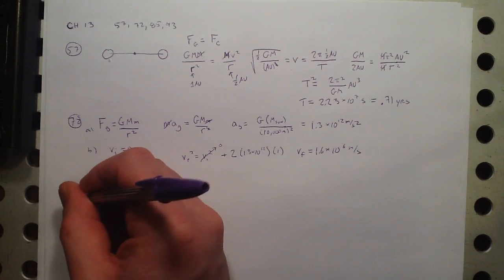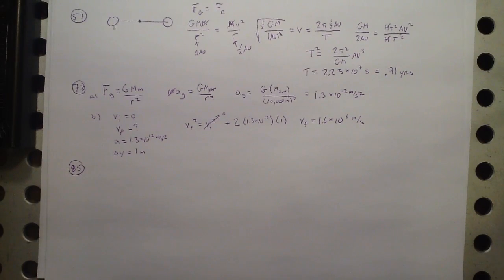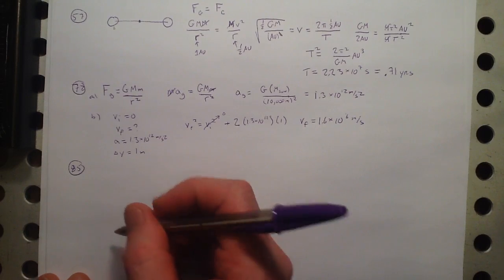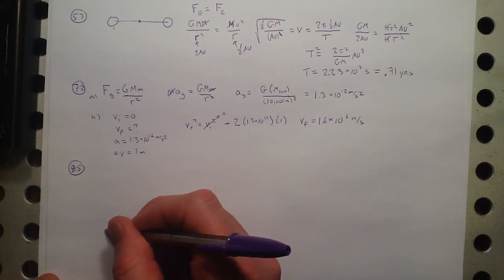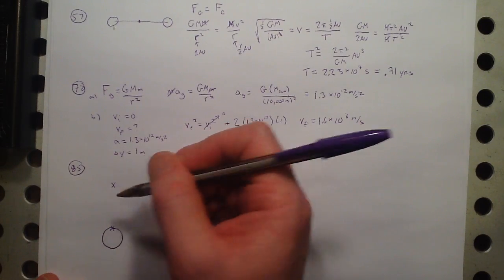Number 85. A projectile is fired vertically from Earth's surface with an initial speed of 10 kilometers per second. Neglecting air drag, how far above the surface of the Earth will it go? So this is an energy problem, going from the surface of the Earth to some highest point.